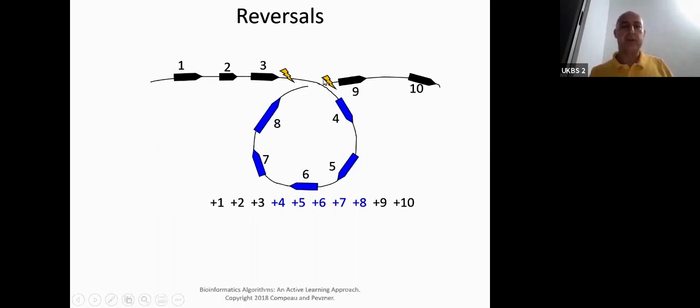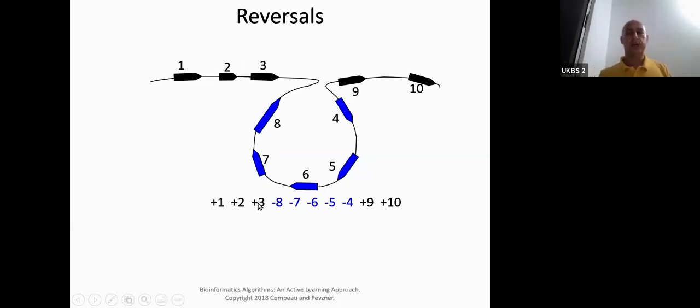Nature has a random breaking event. As a consequence, now the permutation is 1, 2, 3, minus 8, minus 7, minus 6, minus 5, minus 4, plus 9, and plus 10.